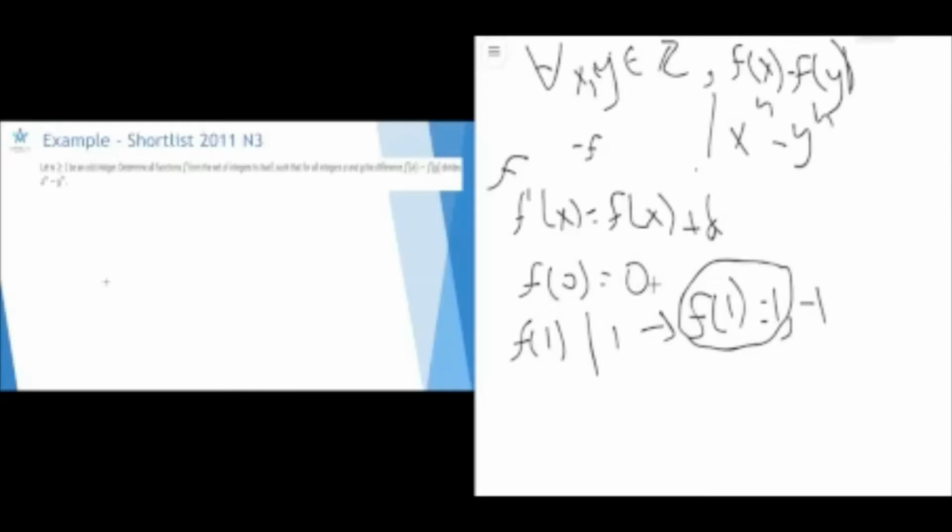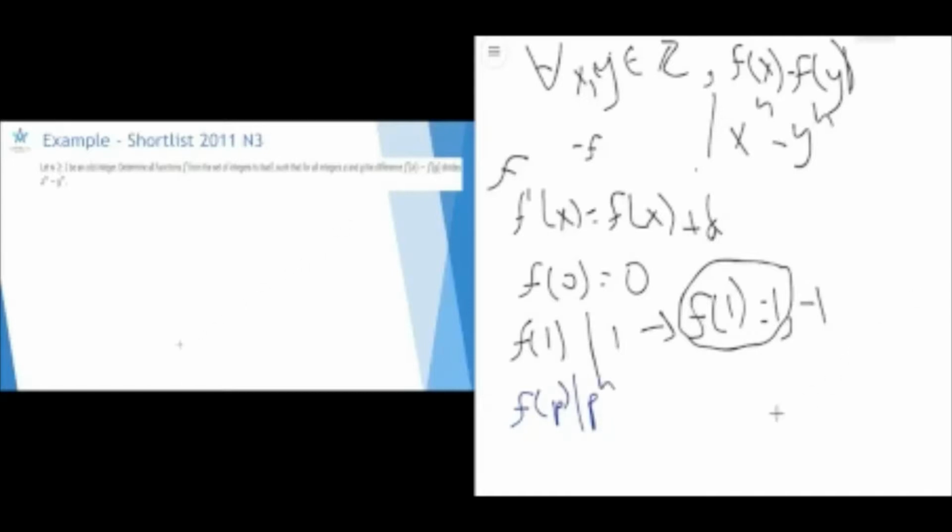If we go back, some other tips were to involve things with primes. So let's first plug in a prime to this divisibility. If we choose x to be some prime p and y to be 0, then we know that f of p divides p to the n.